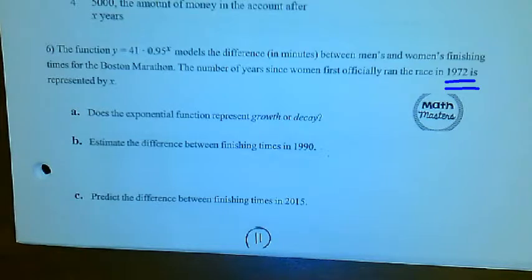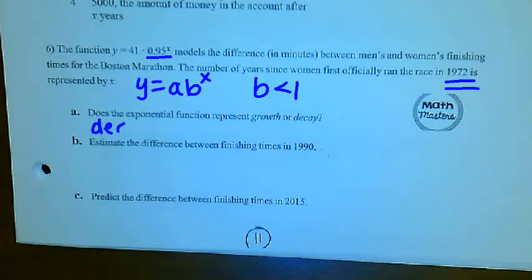Does the exponential function represent growth or decay? Okay, so remember, y equals a b raised to the x power. b is less than 1, so it's decay, because b is less than 1.